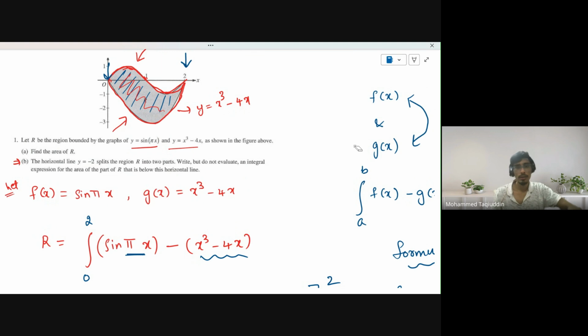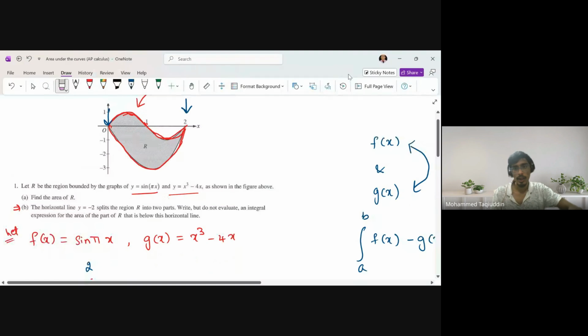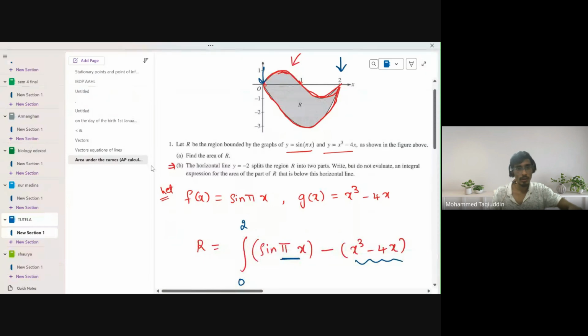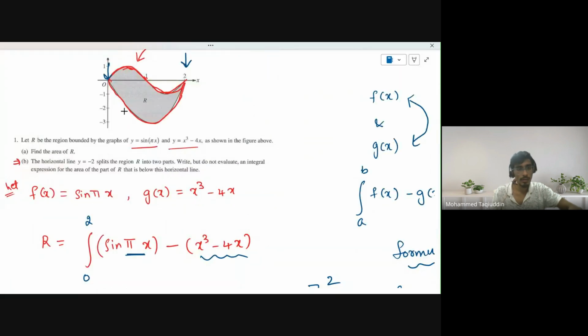So this is going to be very interesting now. What I'm going to do is draw a horizontal line y equals negative 2. This is the horizontal line y equals minus 2, if you can see, right? So now you have this line y equals minus 2.